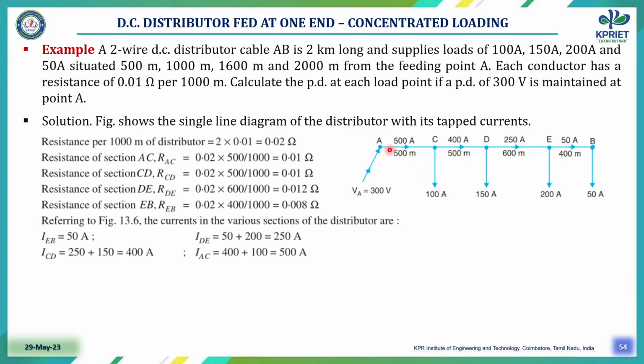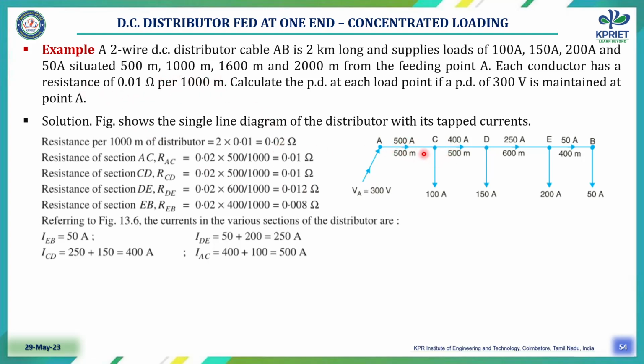Now we have to calculate the resistance, 0.01 ohm per 1000 meter. Now we have to calculate the resistance per 1000 meter of the distributor. Is this a two-wire distribution? 2 into 0.01, we get 0.02 ohm. Similarly, we have to calculate the resistance for each section. Each length will be converted into the equivalent of 1000 meters.